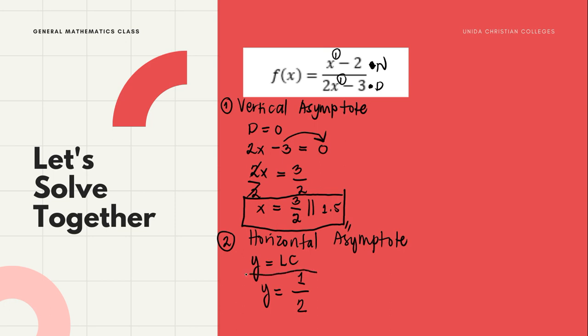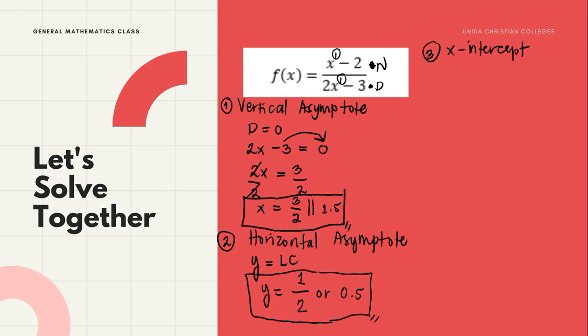So, final answer, we have y is equal to 1/2 or that is 0.5. And that will be our horizontal asymptote. Okay, next, the third one. We are solving for the X Intercept.